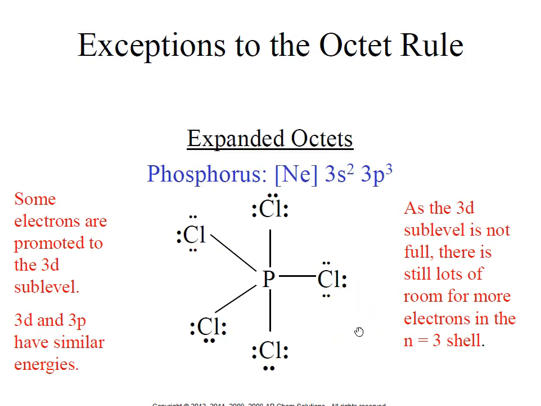Here's an example of phosphorus pentachloride. So you have a phosphorus surrounded by 5 chlorines, and you'll notice that if it is surrounded by 5 chlorines, that's 5 bonds, so that's 10 electrons around it. Some of these electrons would be placed in the 3d sublevel.